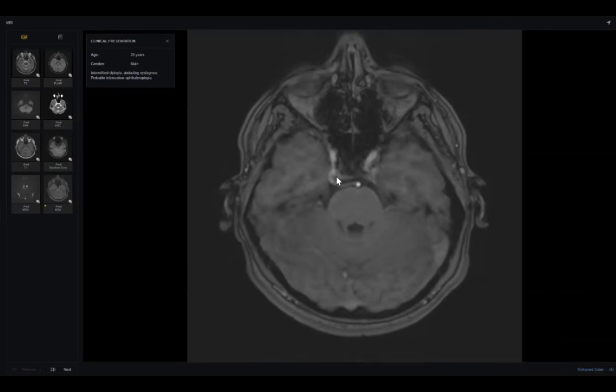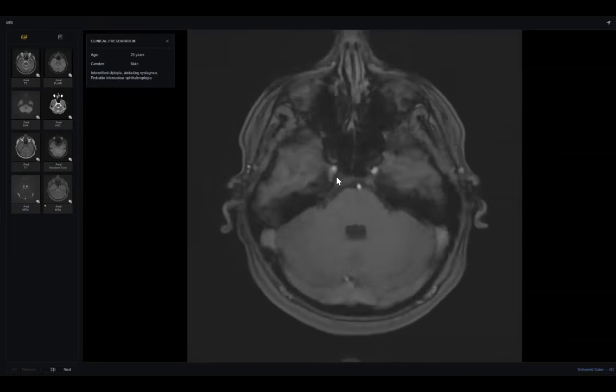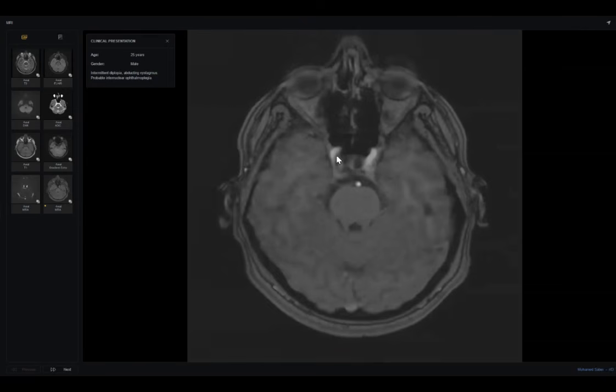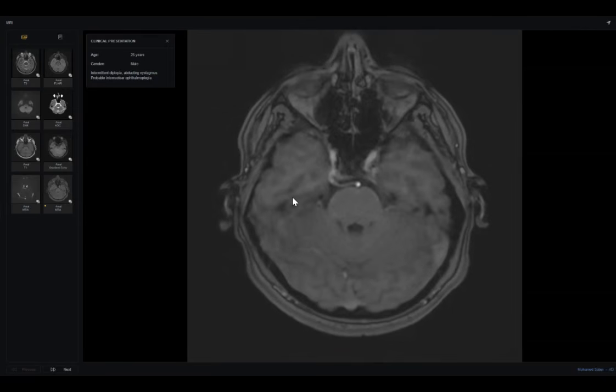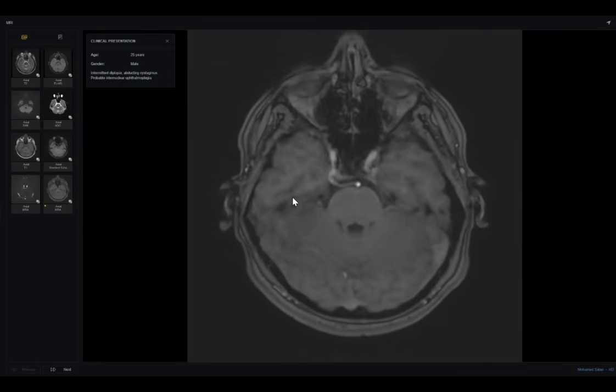Petrous or between petrous and cavernous. Yes, this is the cavernous part. Before it is the petrous part. It's just between them.